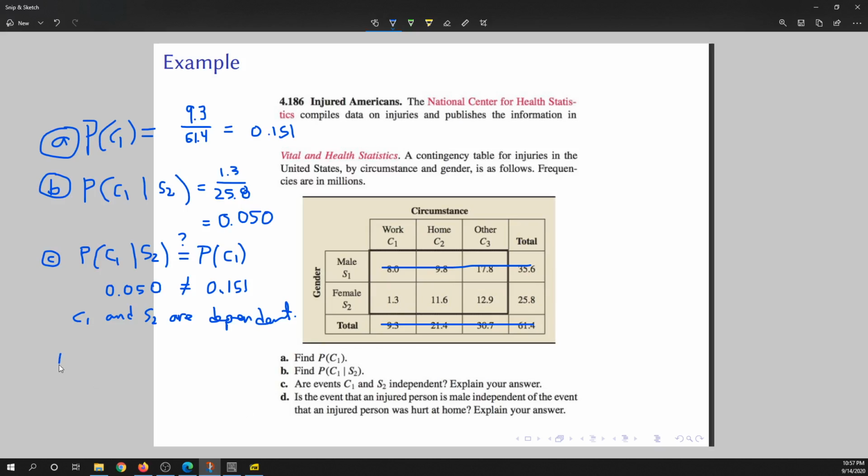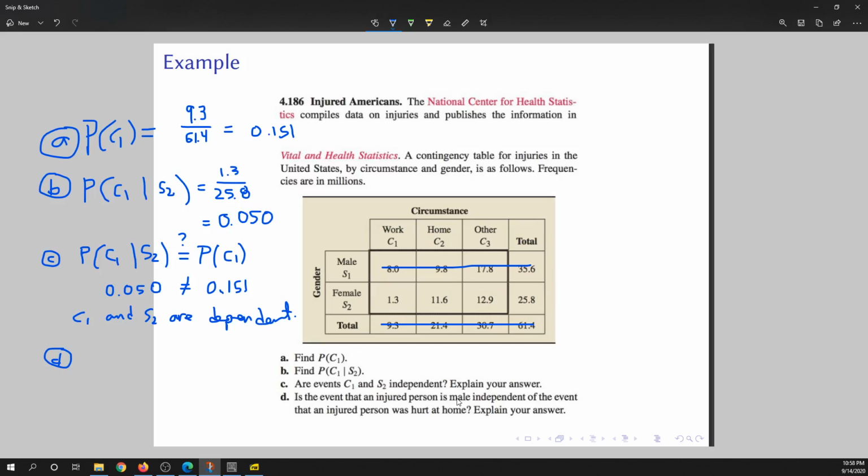Next up is part D. In part D, what they want to know is whether the event that an injured person is male is independent of the event that an injured person was hurt at home.